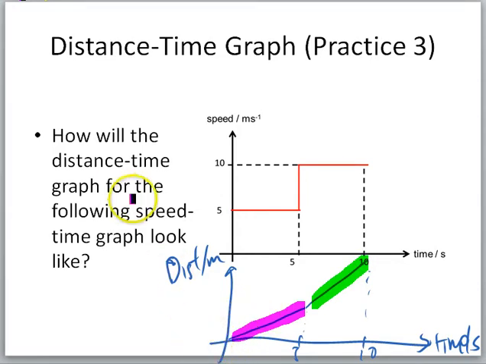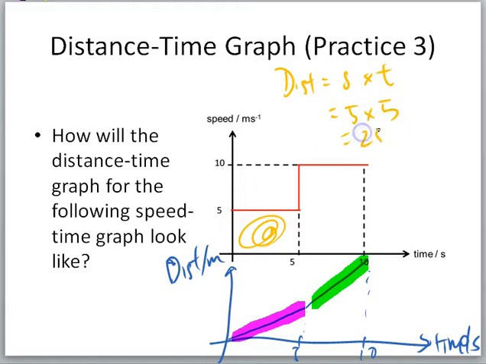Now, what's the distance covered? So for the first region over here, we can take distance equals to speed times time. So the speed is 5, the time is 5, so it's 25 meters. So we know that for this region over here, it is 25 meters. How about the second part? Sorry, let me erase the meter there, because the units is already there.